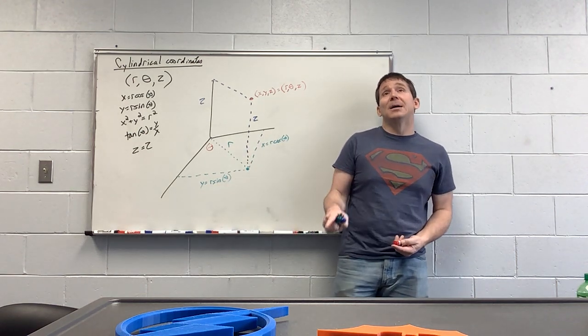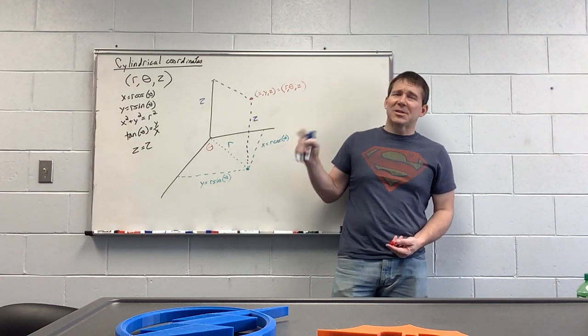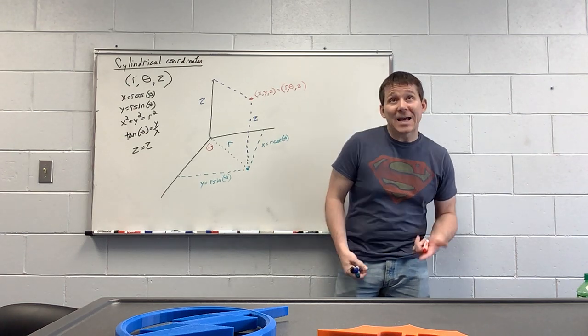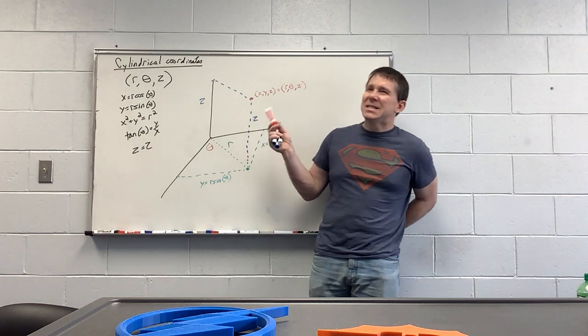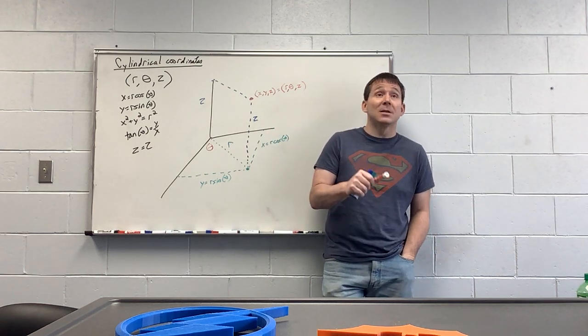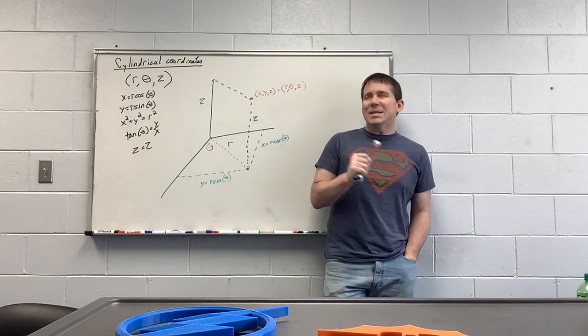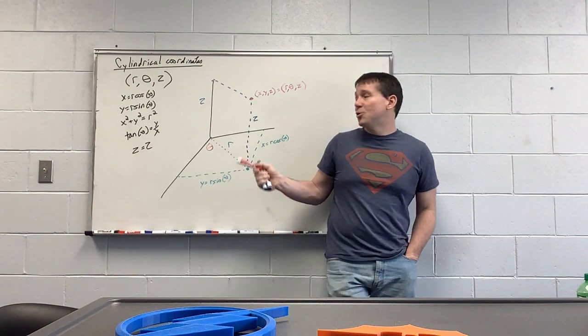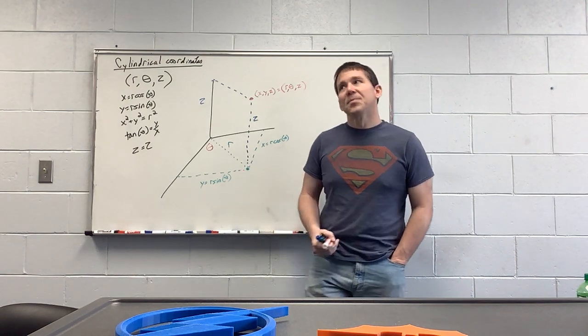Now the question becomes, if I have some three-dimensional region that is somewhat cylindrical in nature, and I want to use some type of cylindrical approach to approximating the volume of that region, what type of shape do I actually get? Similar to my polar rectangle here.